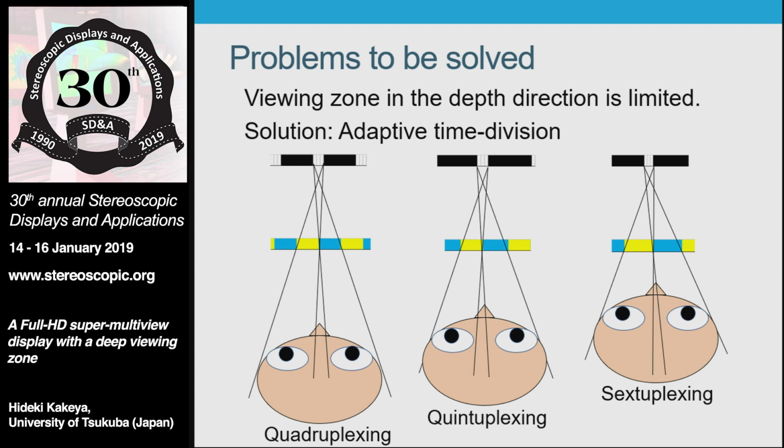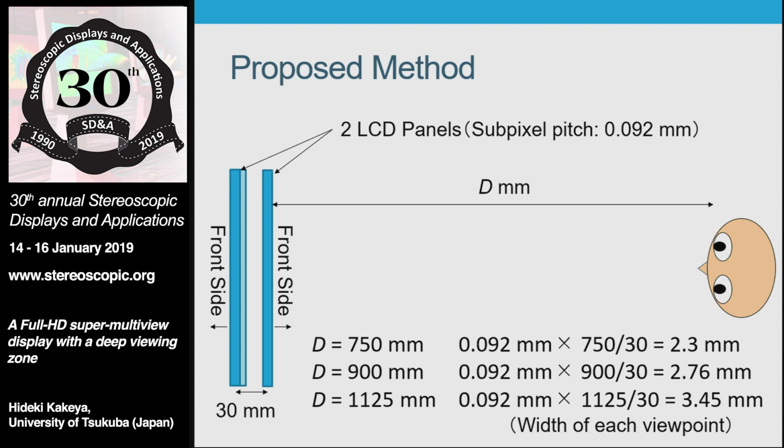To do that, we apply adaptive time division. In the original system, we just applied sextuplexing time division. If we change the number of time divisions, the width of the viewing zone can be changed. I'm going to explain why.